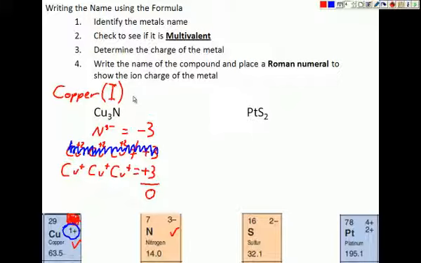Copper 1, then we write nitrogen. However, we have to remove the suffix and replace it with IDE. Instead of nitrogen, it becomes nitride. And that's our final answer. Copper 1 nitride.